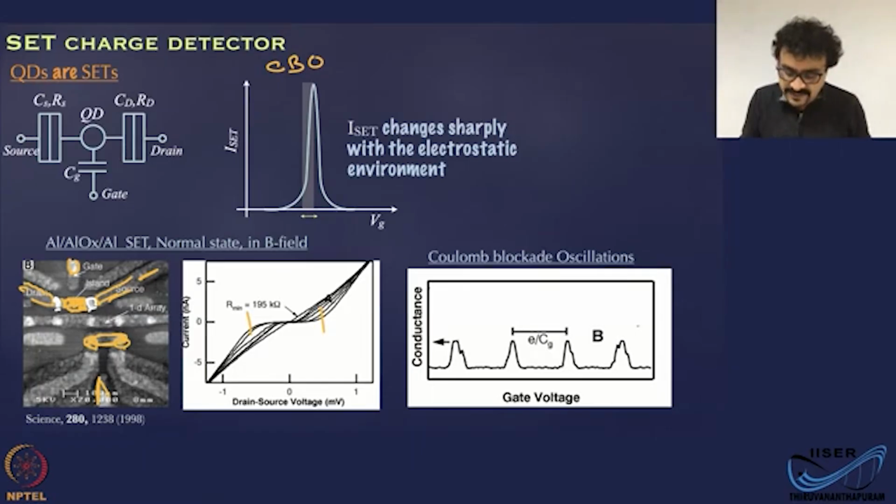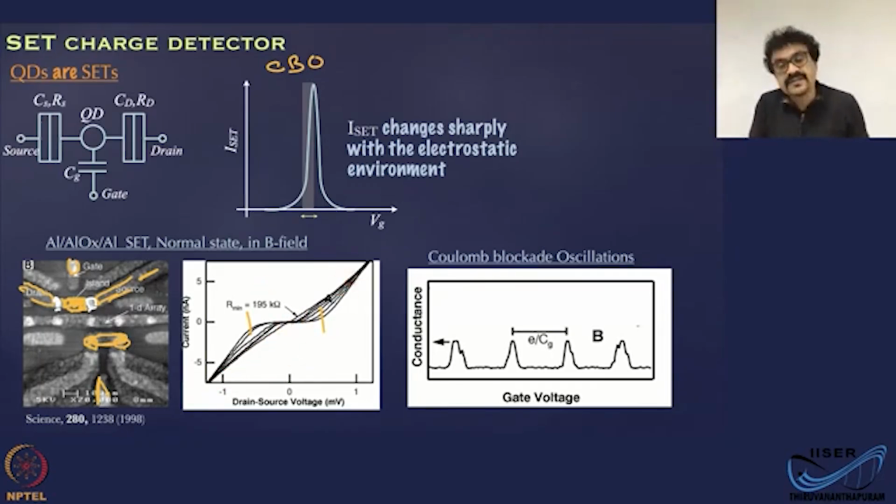These different traces shown here are for different gate voltages. So you have a complete blockade of transport in the center region, which you can lift by changing the gate voltage, and you can get a nearly ohmic behavior.